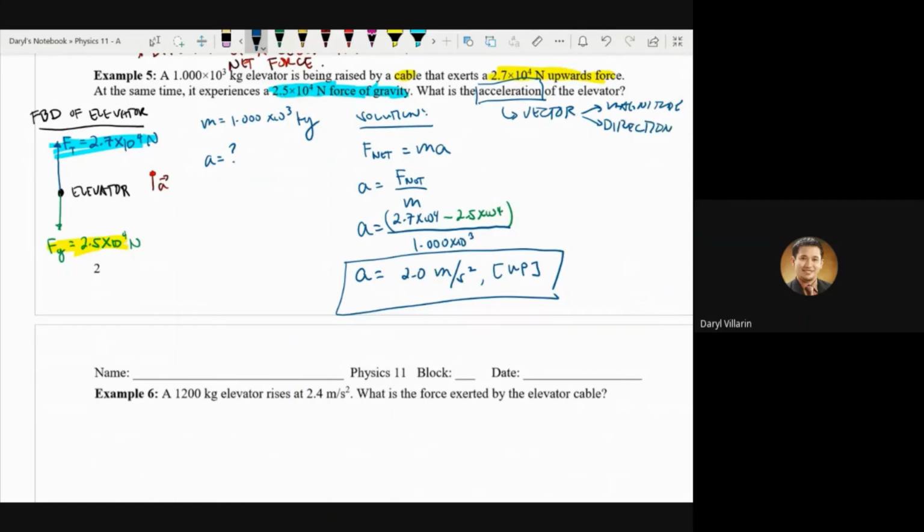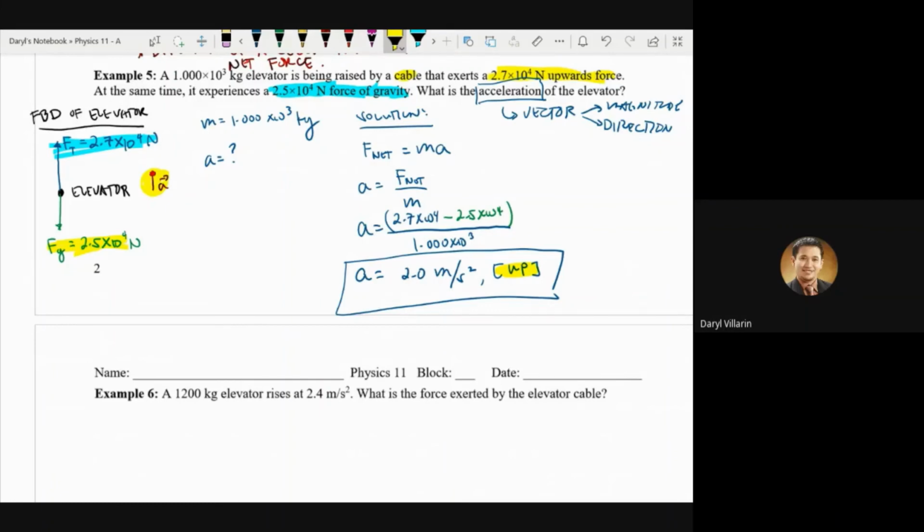And again, right away, I would say that it's upward because the net force would be bigger in the upward direction. Okay, so any question with this one here? Kind of straightforward for now. Again, you only had two forces here, but it could be more than that.